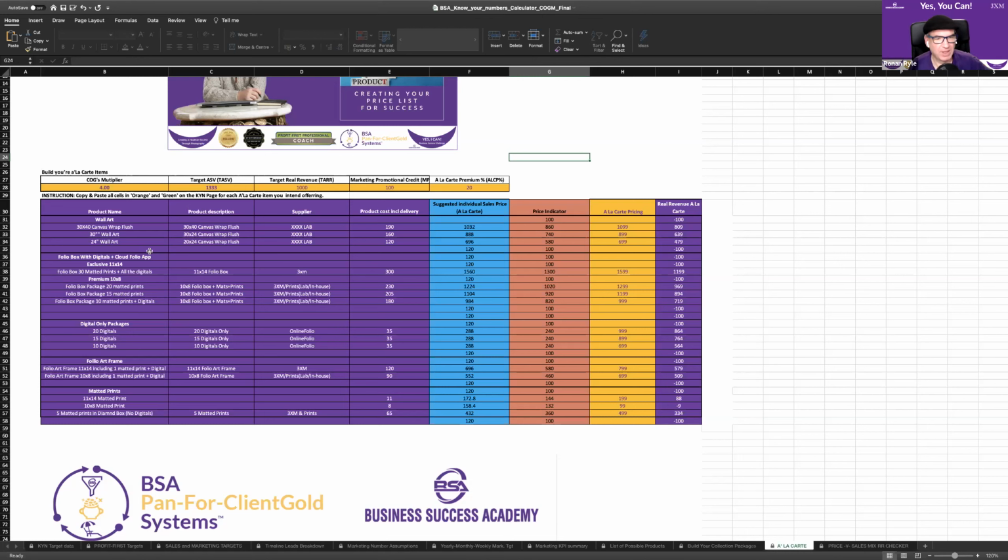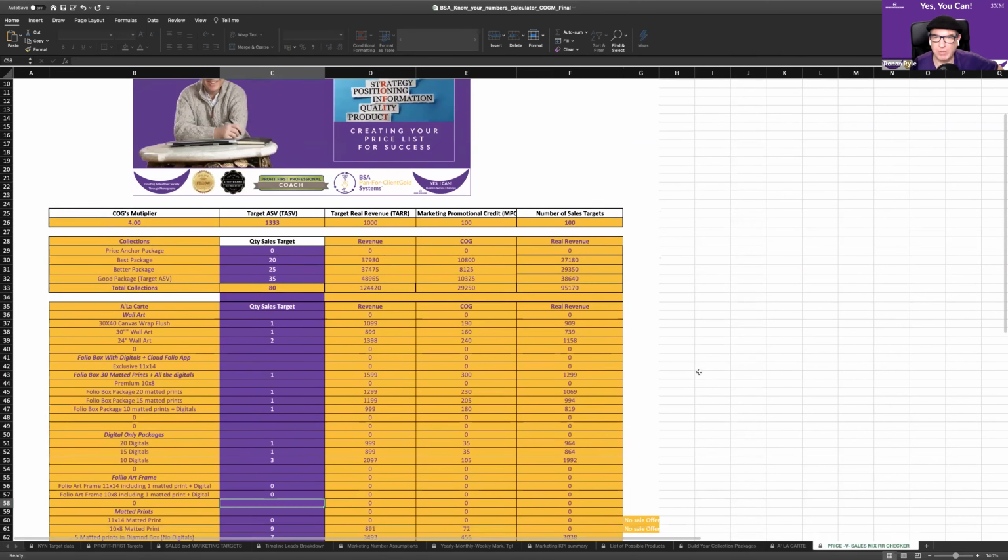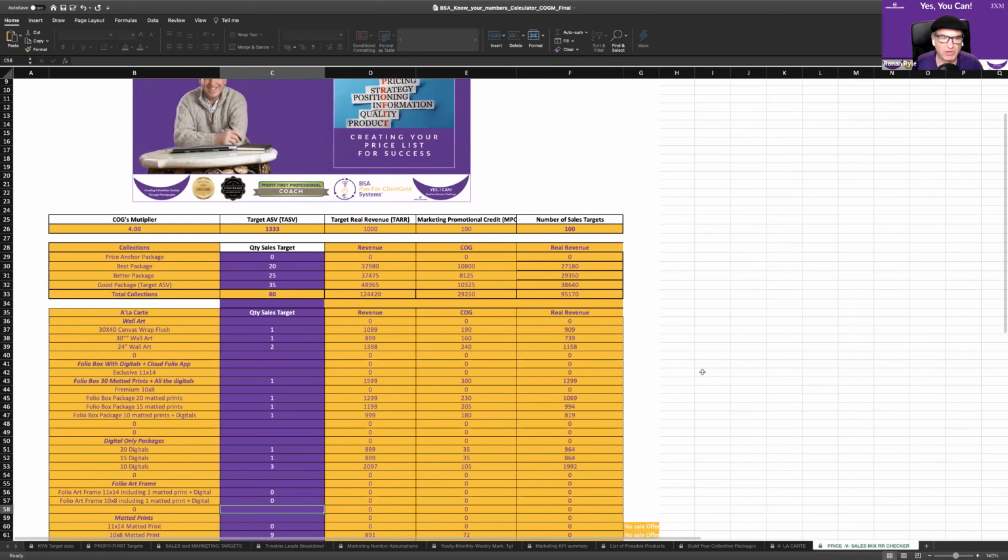Okay, so when you've built your a la carte, this is also calculating out for you what your revenue is. And here's where the magic starts to come together, and we start to link the business numbers with your price list. So here's what you do. Again, it's only the purple that we fill in the quantities on.